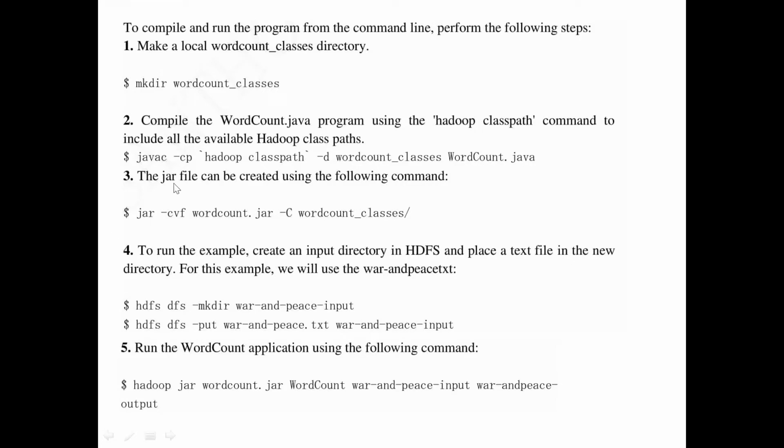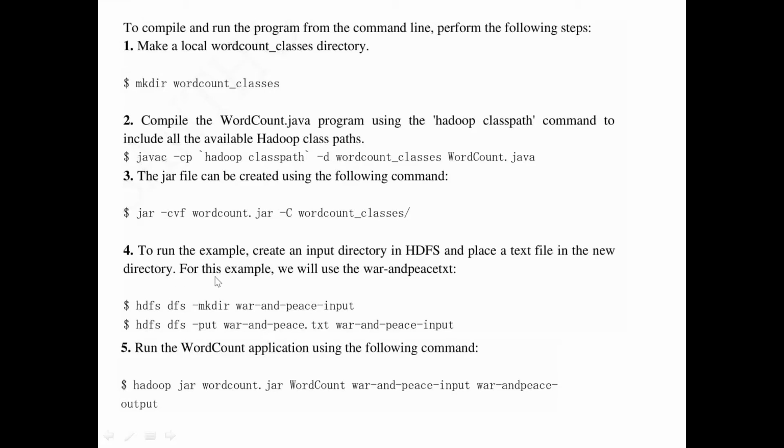Next, the jar file can be created using the following command. We need to create a jar file using this command, jar cvf wordcount.jar, using the classes stored in this WordCount directory. Next, to run the example, create an input directory in HDFS and place a text file in the new directory.